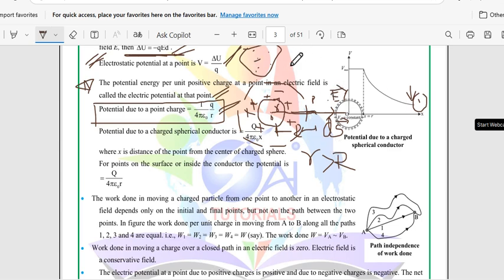Then what is the formula for V? That is minus integration of E bar into dr bar.